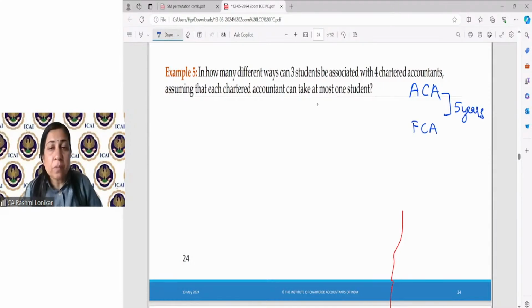After 5 years, you will become FCA, fellow chartered accountant. When you are an ACA, you can take a smaller number of students under you for articleship, and when you become an FCA, it becomes more. Why? Because you now become more experienced, so you can teach more students. Okay, so suppose there are four chartered accountants: CA1, CA2, CA3, and CA4. In how many ways can three students associate themselves?